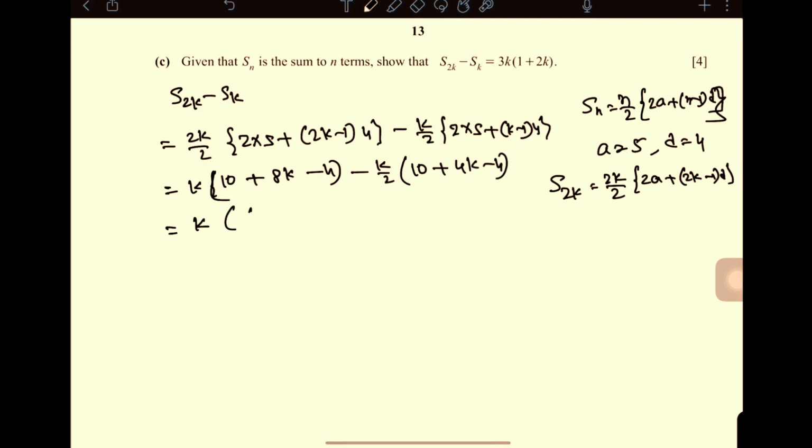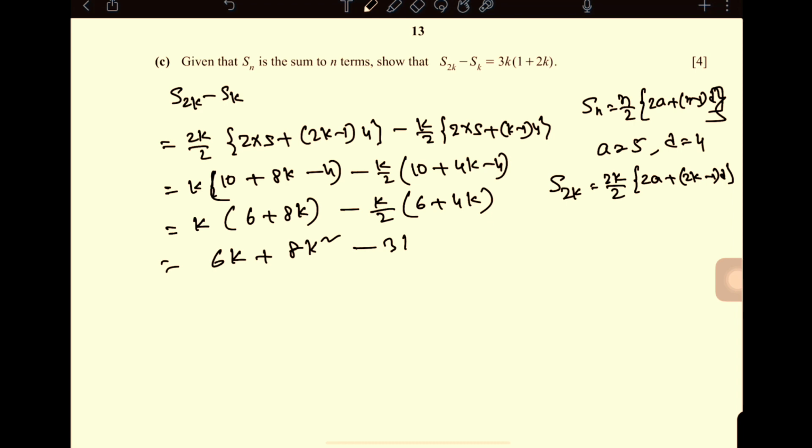So this is 6 plus 8k, then this is 6 plus 4k. 10 minus 4, that is 6. So if I multiply, 6k plus 8k square, and minus k by 2, if I multiply it with 6, it is 3k minus 2k square.